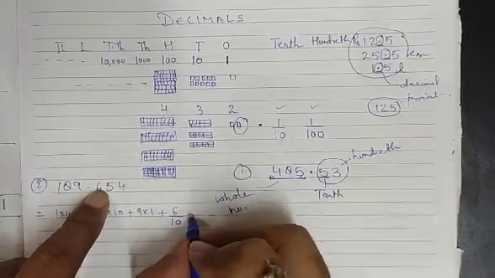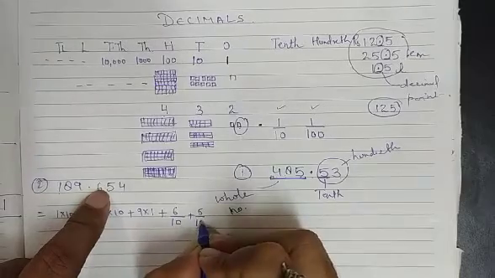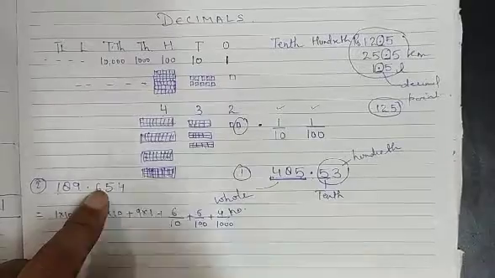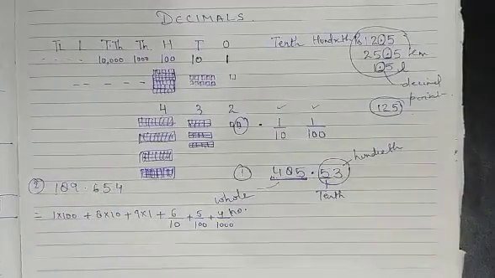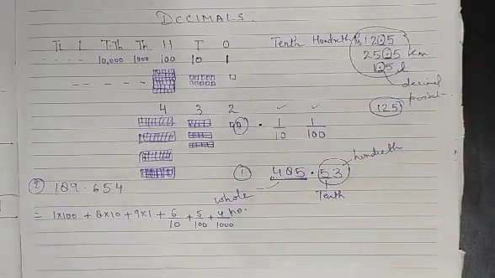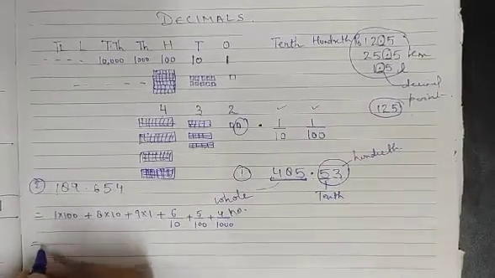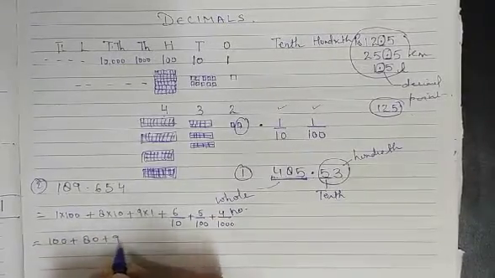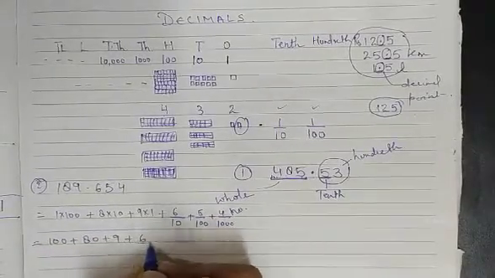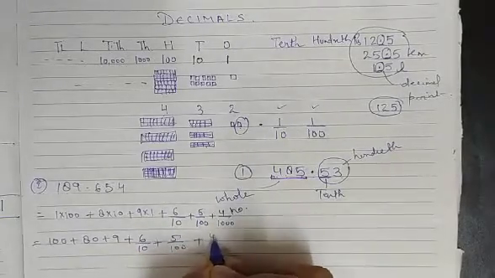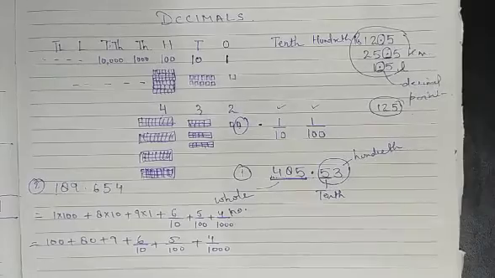Clear? 5 divided by 100 plus 4 divided by 1000. Clear? In this manner we are going to write the expanded form, or you can write it like this also: 189 plus 6 upon 10, 5 upon 100, 4 upon 1000.